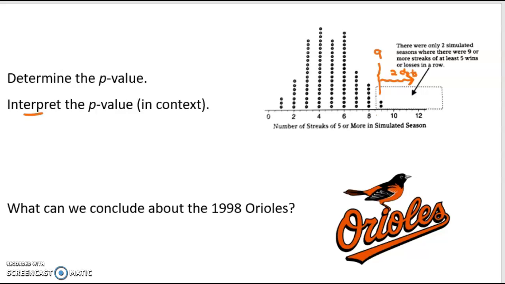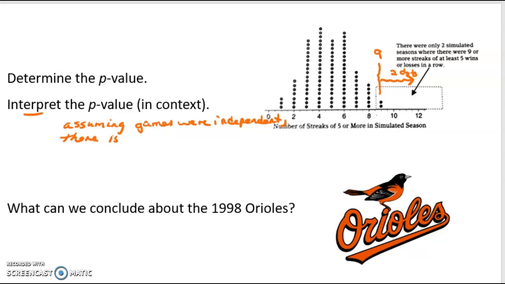So here we go. Interpret. Make sure you hit all the fine points here. You're going to start off by saying, assuming, let me write this neat. If you go back, we used to say assuming they had the same ability. Here we're going to say assuming the games are independent events. Go right into it.